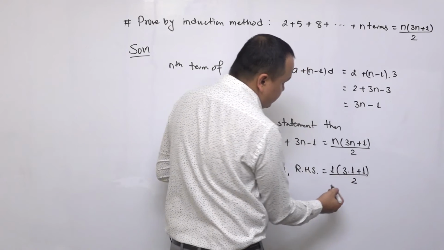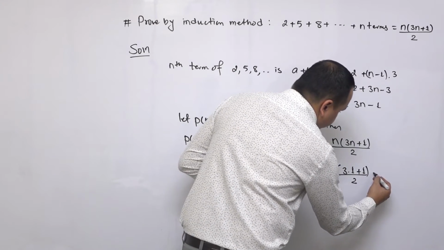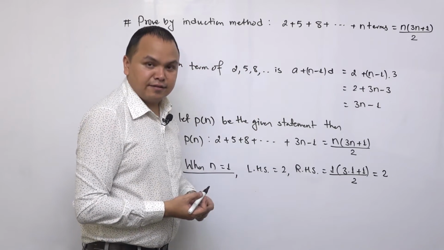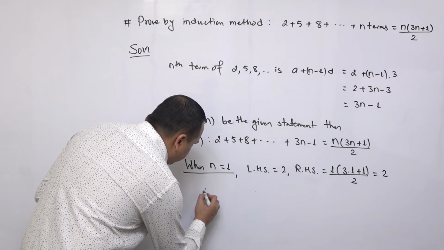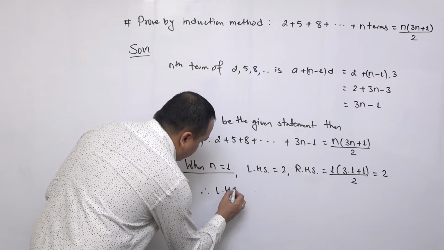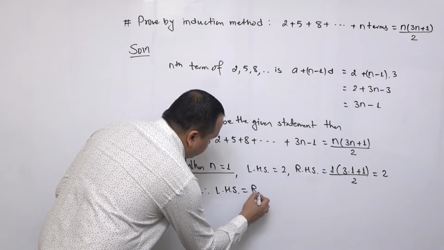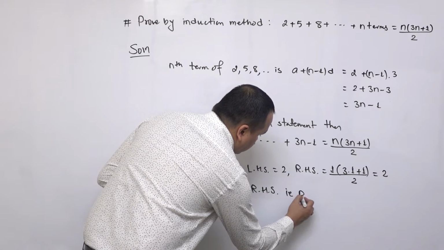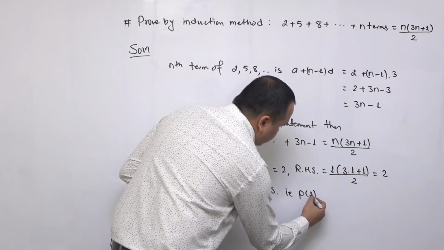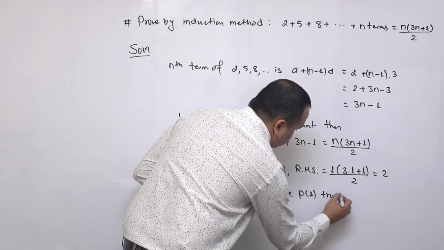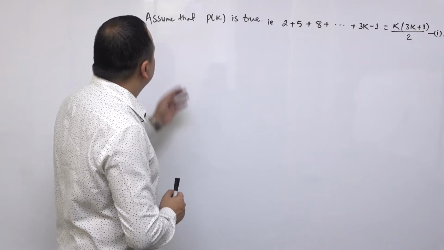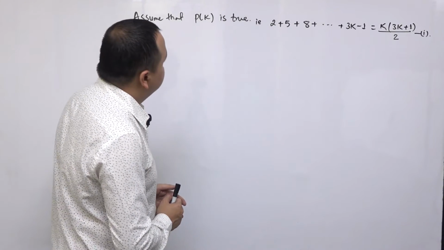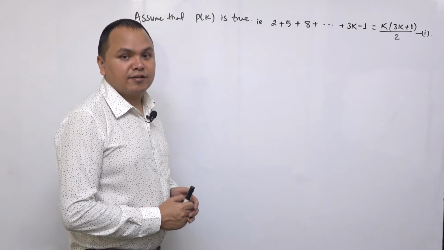The 3 plus 1, 4 divided by 2, 2. The left hand side is equal to right hand side. That is, P1 is true.